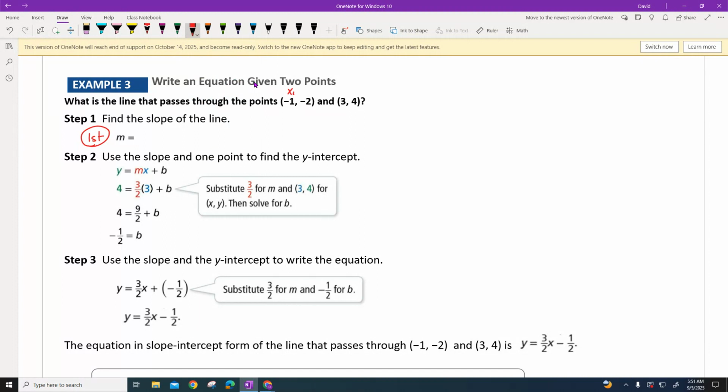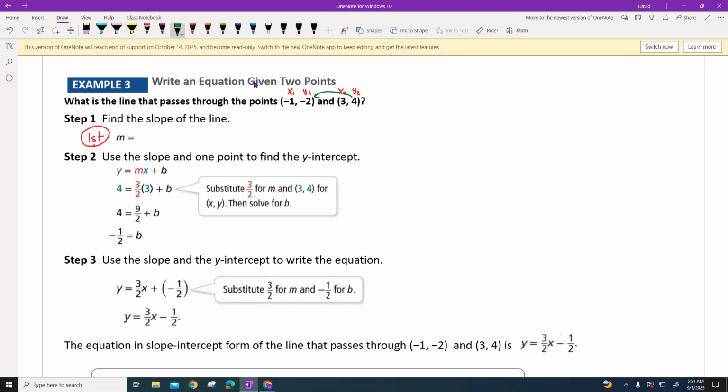This is x1, this is y1, this is x2, this is y2. And so hopefully, see how they don't give you the slope formula? Hopefully you just do this, that you've done it so much. This is y2 minus y sub 1.